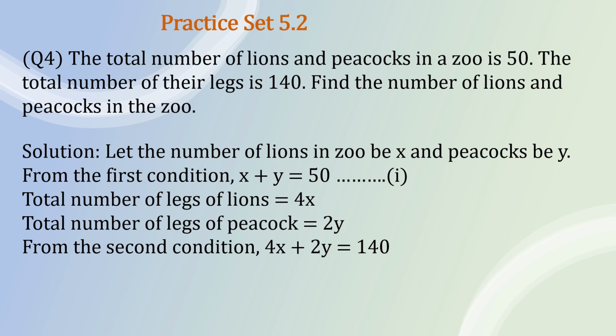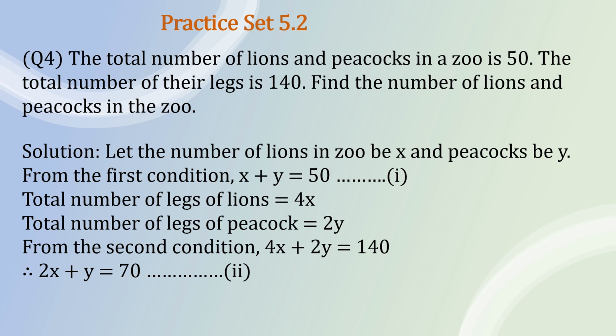Now in equation number 2 you can further simplify, students. If you simplify and divide it by 2, your equation will become 2x plus y equal to 70. So we'll put it as equation number 2. We have simplified it; all the terms were divisible by 2. Okay.